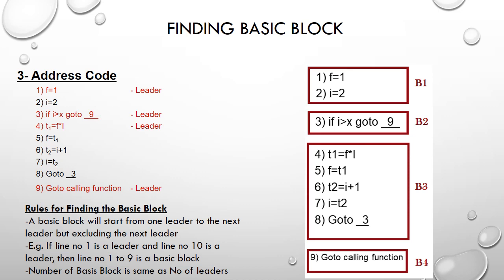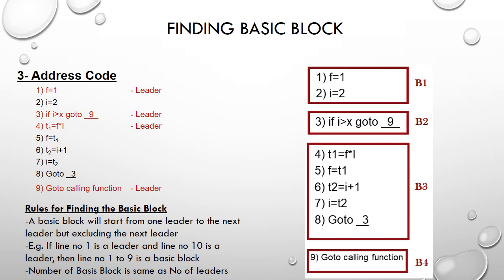So on the left hand side you can see the code, and on the right hand side you can see the basic blocks that we have formed. So the first basic block is B1, 1 to 2. Fine. The same rule continues. So starting from 3, but excluding 4, because 3 is a leader, 4 is a leader, it will be a basic block.